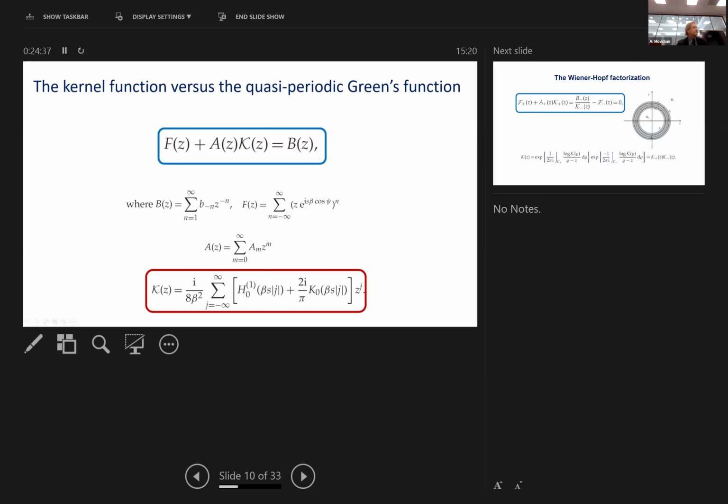If you take z on the unit circle, that will be e to the i theta. Okay, you just use Euler's representation. So it's a point on the unit circle. This is the Floquet factor, the phase shift related to the change from one cell to another.